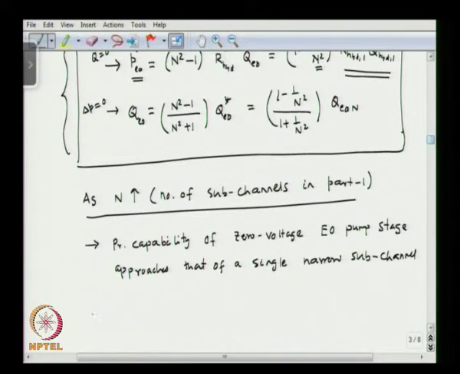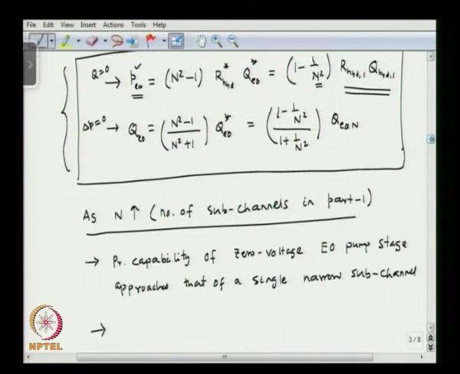And we can also observe that as n is very high, the electroosmotic flow rate, there is a small correction here. So, this is going to be Q EO2. So, when n is very large, you can see that the Q electroosmotic is equal to the electroosmotic flow rate in case of the channel part 2, okay, section 2.